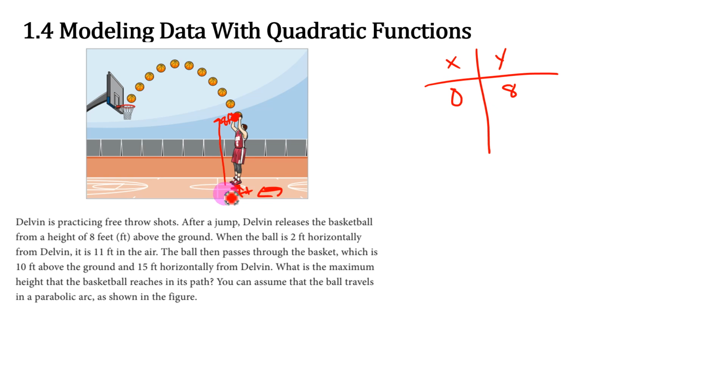Now, when the ball is 2 feet more this way, so 2 feet horizontally, the ball is now 11 feet. So we'll put that in. And then when it's 15 feet, it goes through the basket, which is 10 feet above the ground.